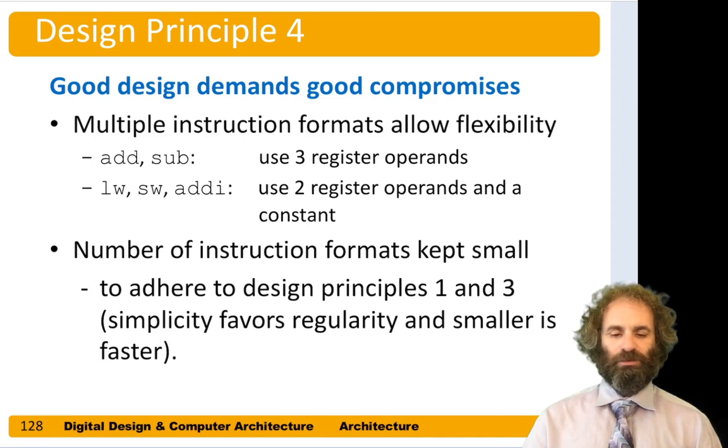If we'd had 3 source registers and just disregarded one of them, say in an add-I, that would have taken up 5 bits of the instruction, leaving only 7 instead of 12 bits for add immediate, and it wouldn't have allowed us to have as many immediates. On the other hand, the number of instruction formats is kept small to adhere to principles 1 and 3, that simplicity favors regularity and smaller is faster. So by having just a small number of instruction formats, we get the flexibility we need while still allowing a fast and simple decoder.